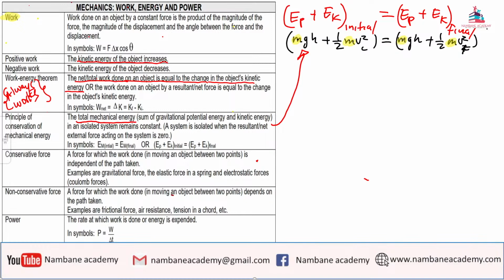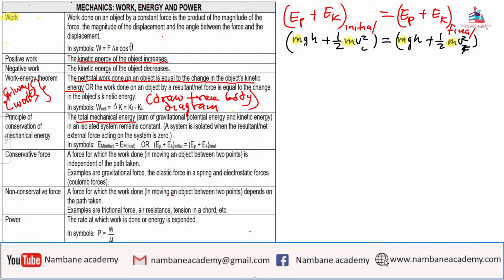But what will be confirming words for me to be able to apply conservation of mechanical energy? We said, ladies and gentlemen, work energy theorem always works. But when we said it always works, the emphasis was one must draw a diagram. So what is key critical now, such that you can differentiate when to apply work energy theorem and when to apply the principle of conservation of mechanical energy? This is very, very important because most of us make a mistake.